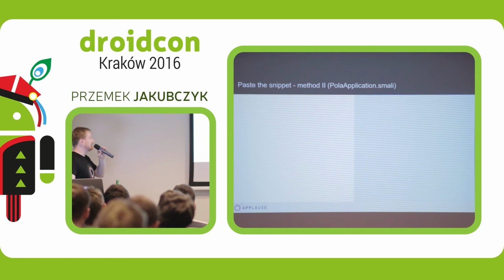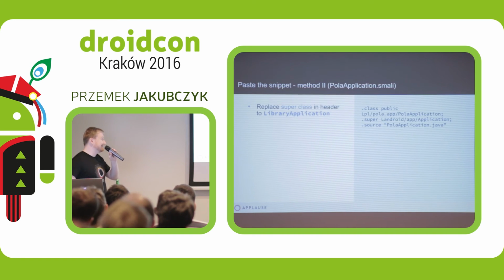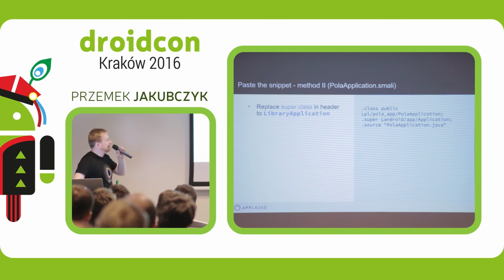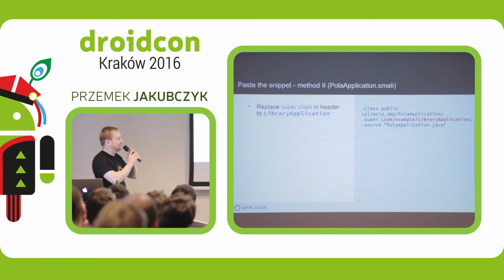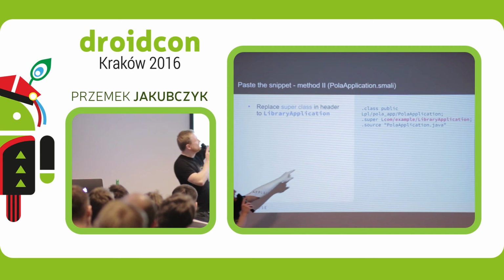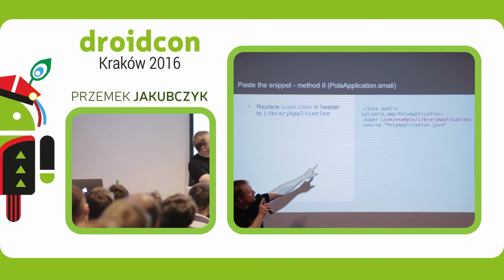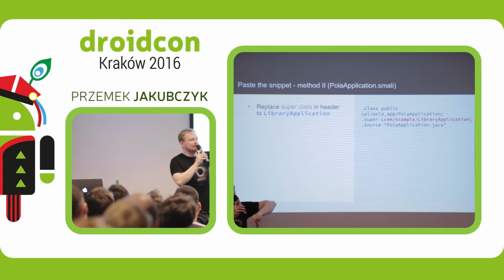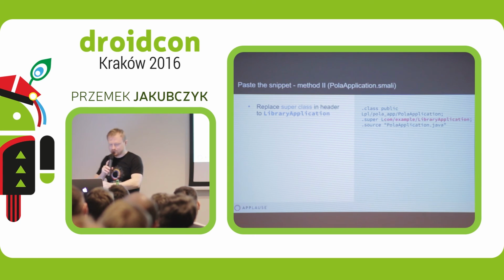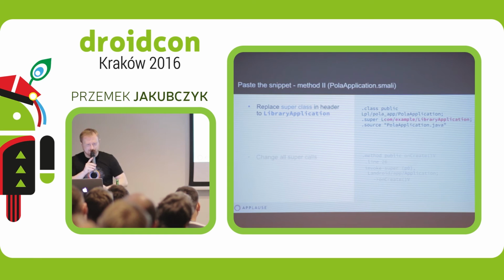But how does it look in the Smali code? It's even easier. This is the header of the class Polar application. We have to change the super call. It's just a really simple regex: find "super", space, L, and what's in between up to the semicolon, and replace it with ours. So we have one regex.